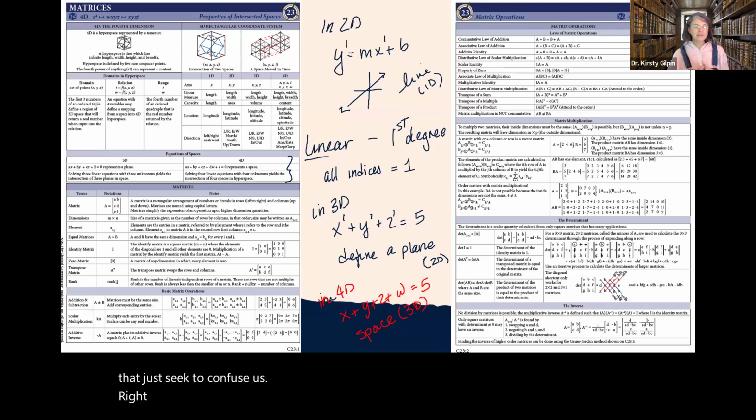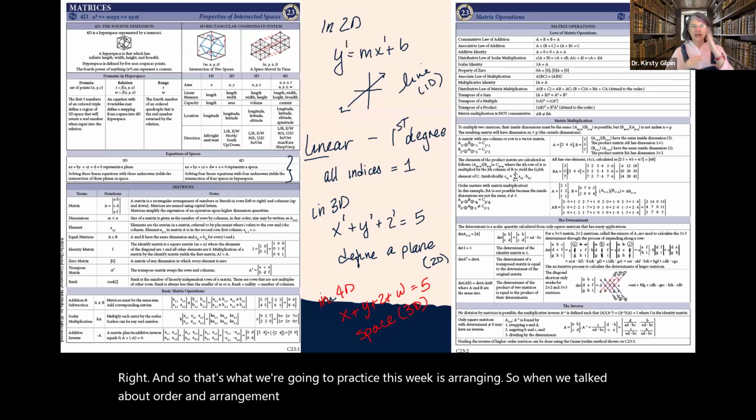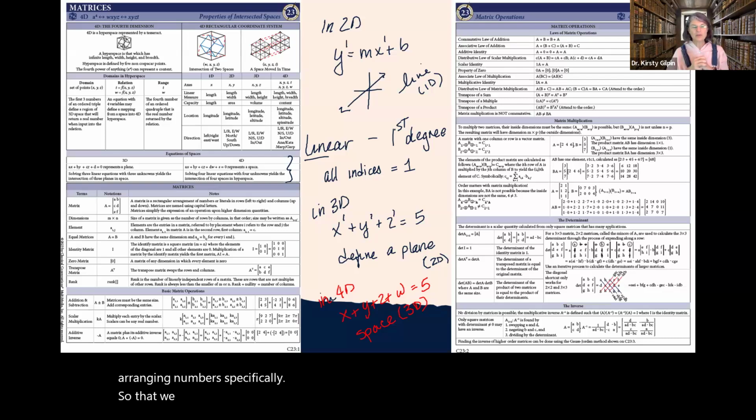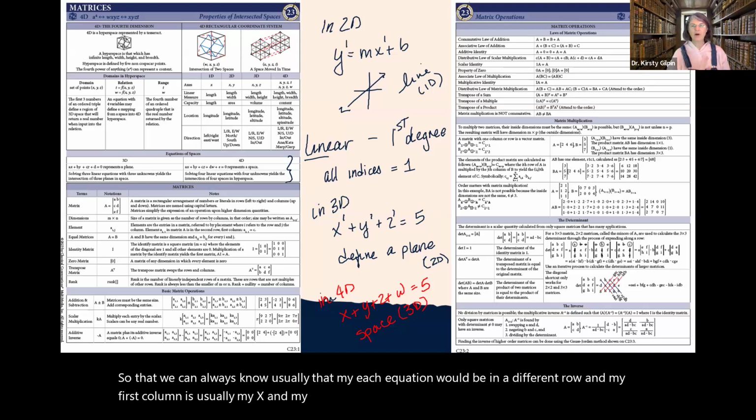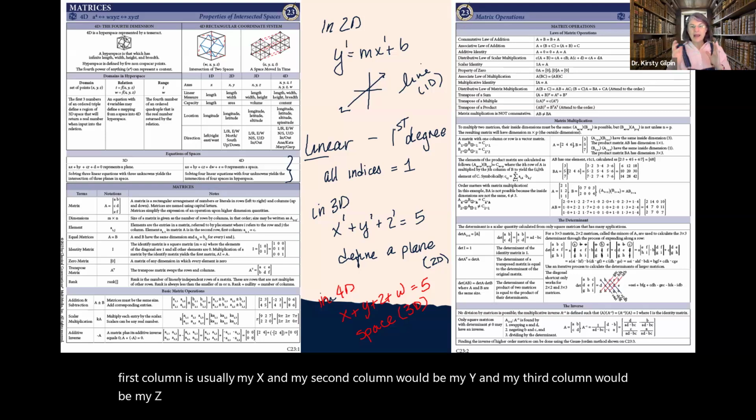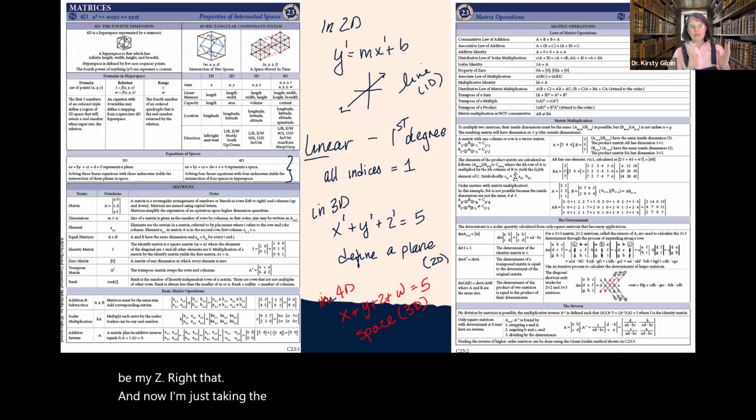And so that's what we're going to practice this week, is arranging. When we talked about order and arrangement and rows and columns, what we're talking about is arranging numbers specifically so that we can always know, usually, that each equation would be in a different row, and my first column is usually my X, my second column would be my Y, and my third column would be my Z. Now I'm just taking the coefficients and putting them in a matrix.